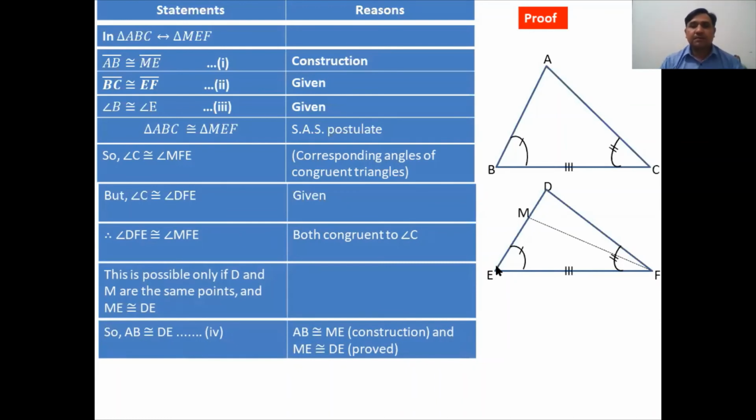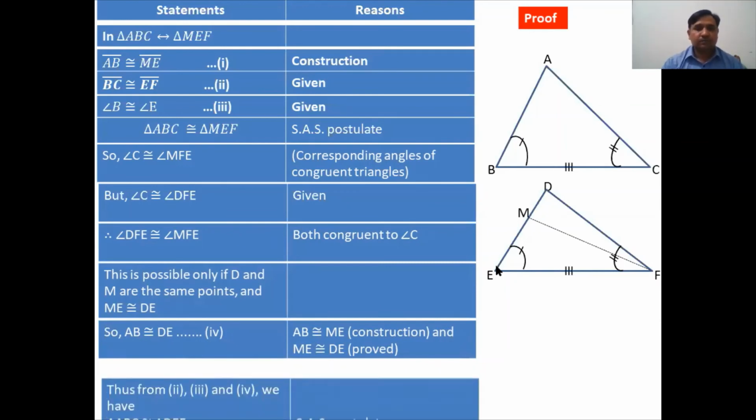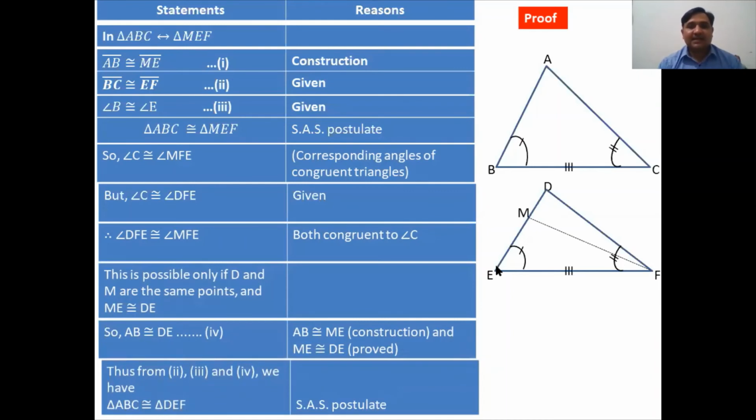Therefore, triangle ABC and triangle DEF are congruent. Why? Because we have taken side BC, this angle, and this side. So by the side angle side postulate, we have proved that these two triangles are congruent.